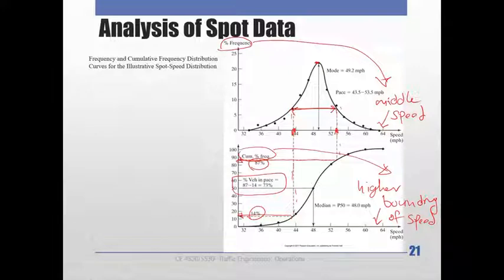This is the speed range that 73% of my vehicles are within. And again, if I need to get the median, it's usually hard to calculate mathematically. From the cumulative curve in here, the 50% cumulative percent is your median, the 50th percentile, which is 48 miles per hour. And if I need to get the variance from this, how can I get the variance?